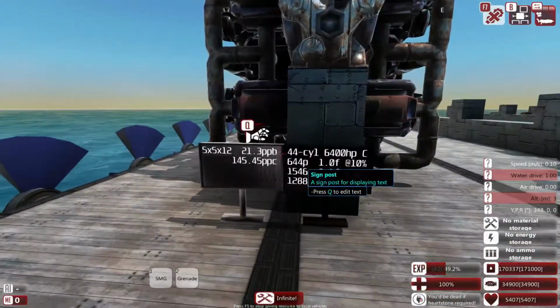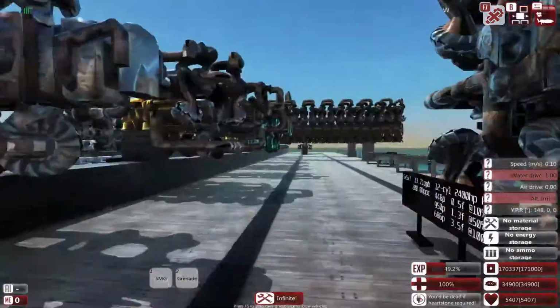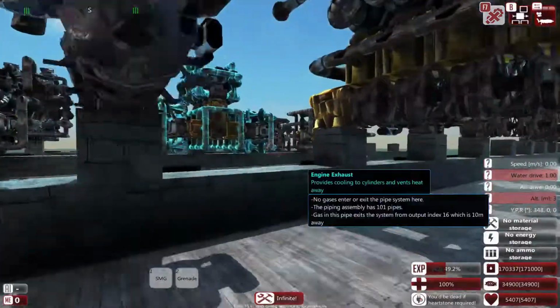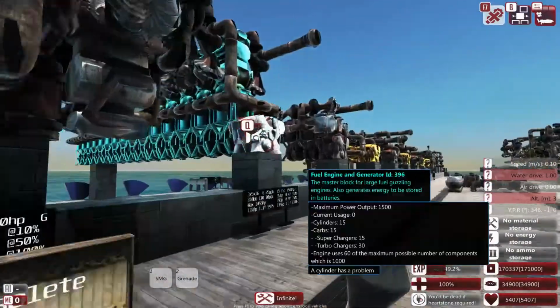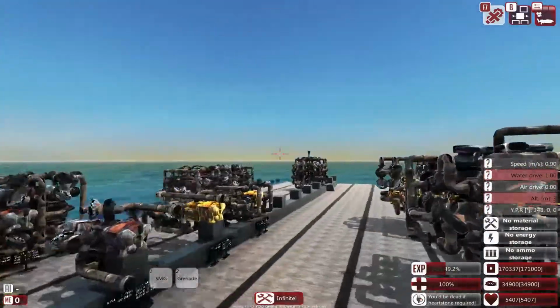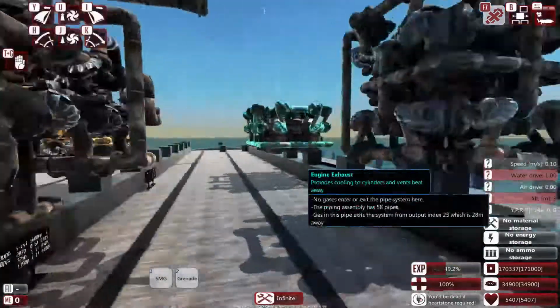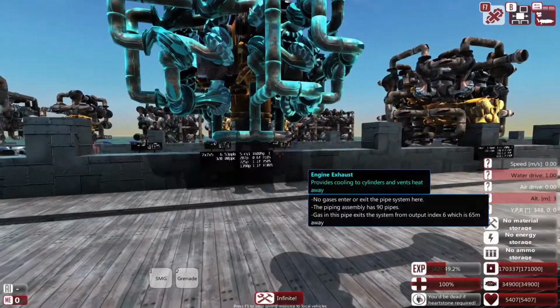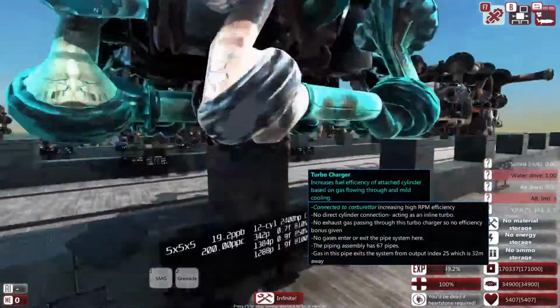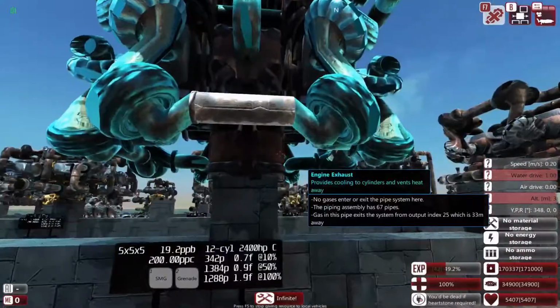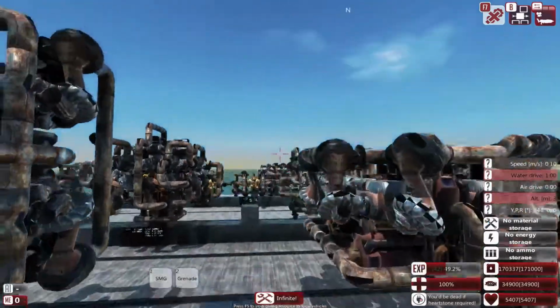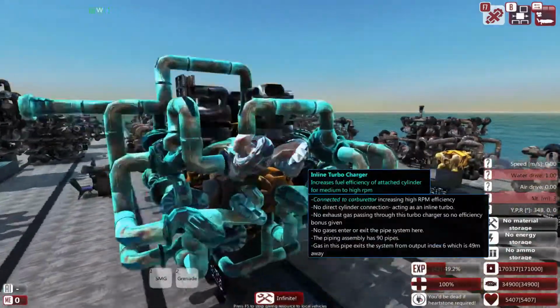Now, can it go above 21.3? Yes, it probably can. I haven't really checked the density ratings of other people's motors because I don't really care. I don't think I have anything more dense than 19.2 on this one. But it seems like the density gets to be about 20 point something.